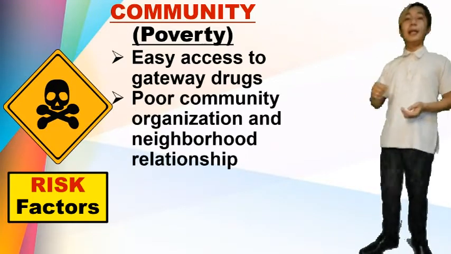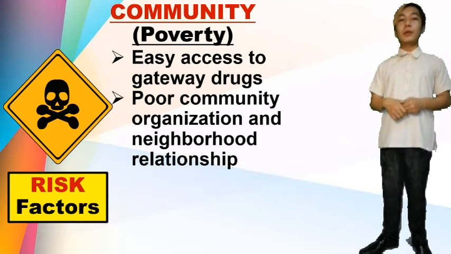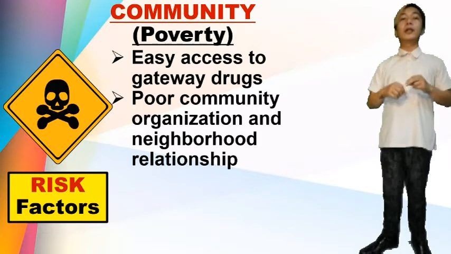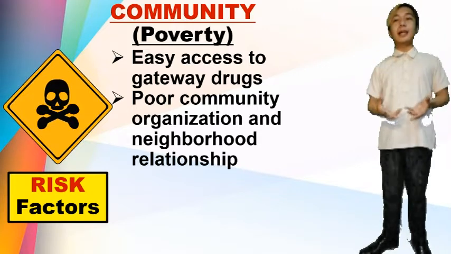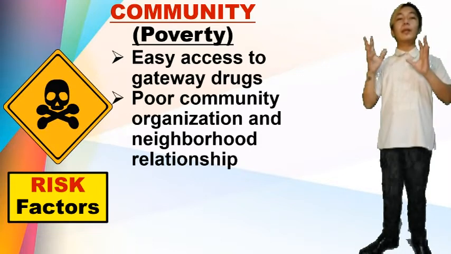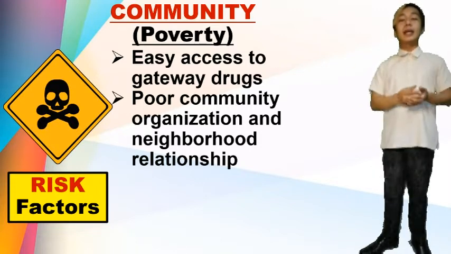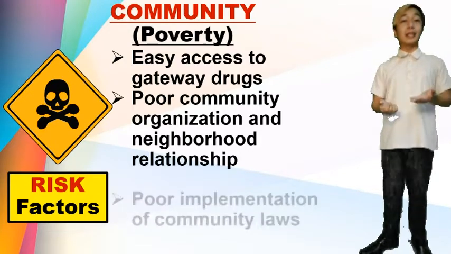The next one is poor community organization and neighborhood relationship. From the word itself, it means that if your community is not interactive with each other, it is one of the factors that may affect an individual to use prohibited drugs.